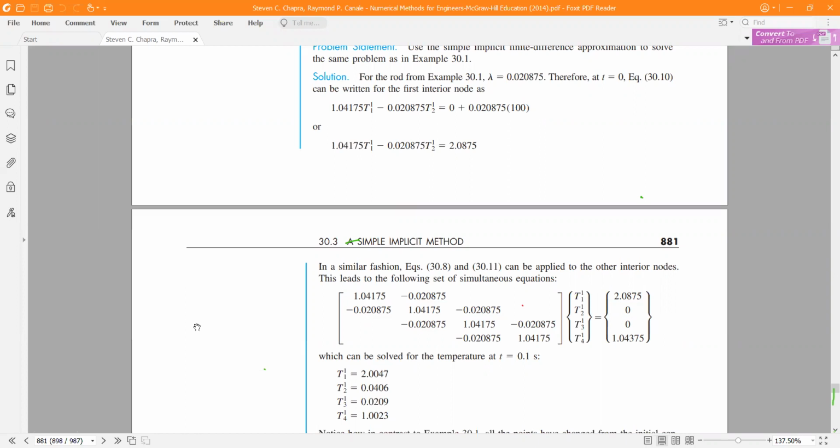Our objective is what? We have to find the solution at L plus 1 for each i. This is what we have to determine for each time step.